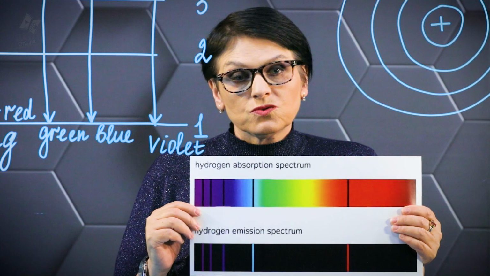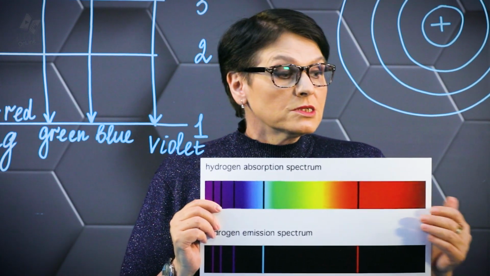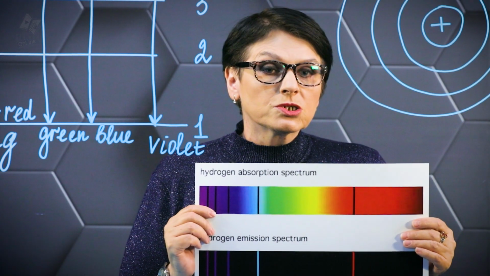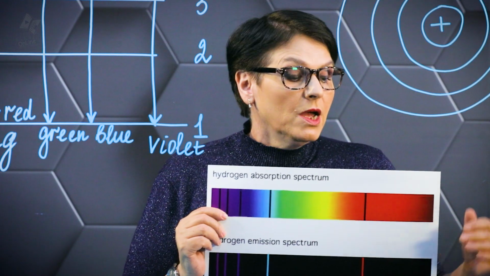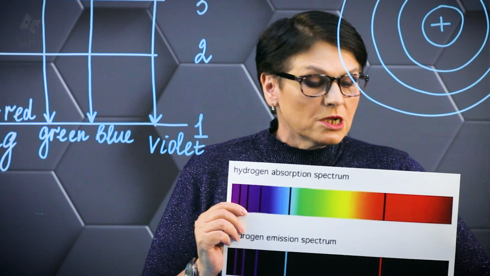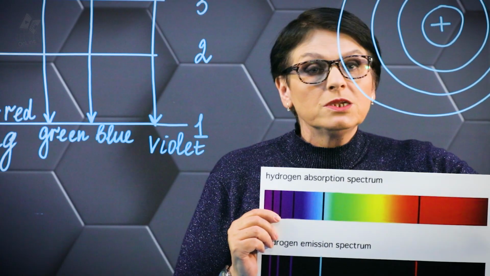And once again, let's clarify that when we talk about the visible spectrum, it corresponds to transitions from different energy levels towards lower energy levels. At the same time, the larger the transition, the more it corresponds to the line of the visible violet spectrum.